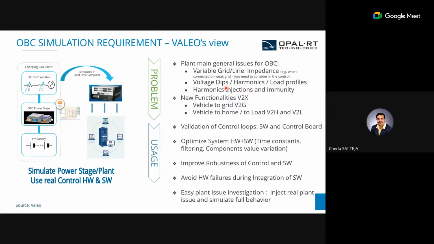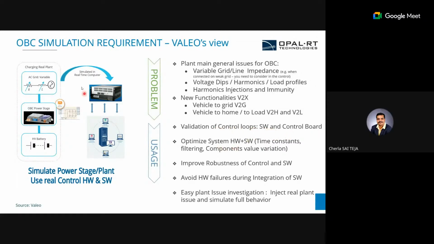Then they want to go for voltage dip and harmonic and load profile, harmonic injection and immunity. And then they want to test vehicle to grid, grid to vehicle, vehicle to home. So all these V2X functionalities they want to verify.